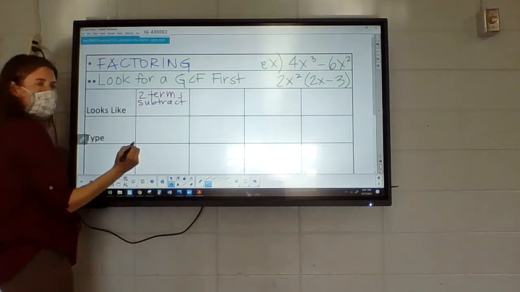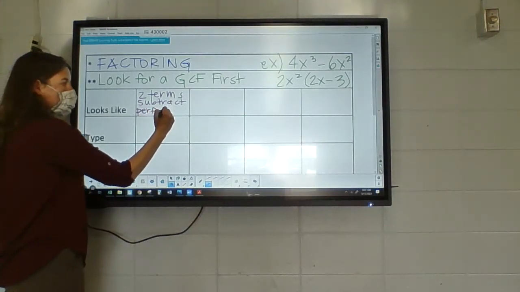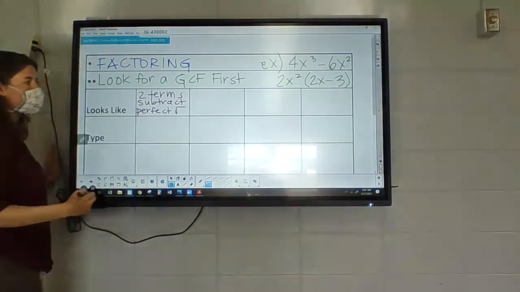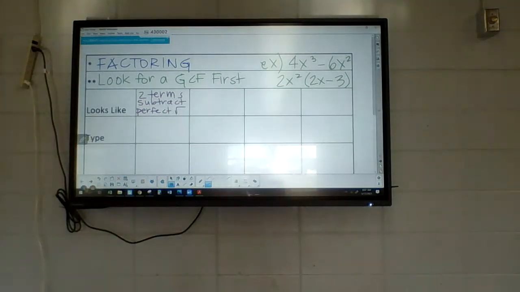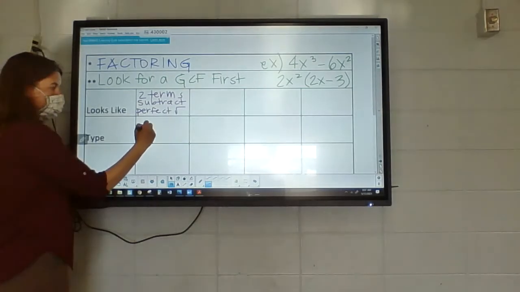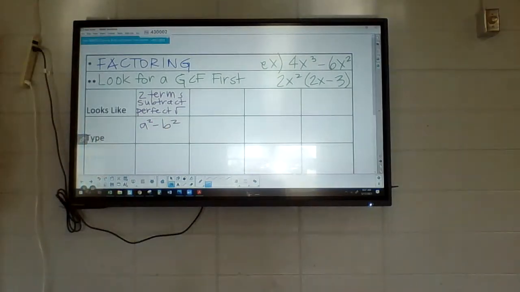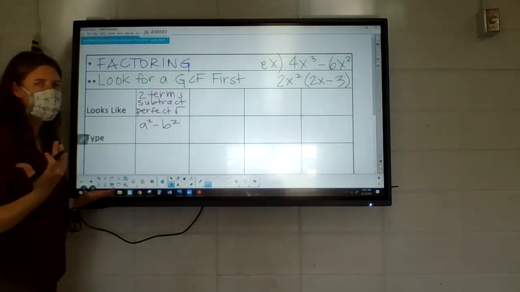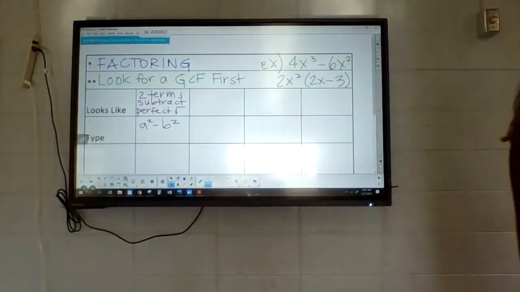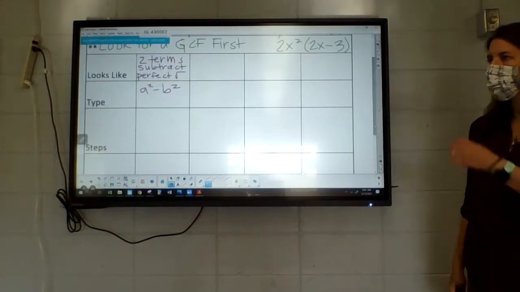And remember, this is the one that's perfect squares. I'll write the little square root symbol just to remind you of perfect square roots. So it's called the difference of squares. You don't have to know the name of it, so I'm not going to write that down, so you don't get yourself all bent out of shape trying to memorize a name.